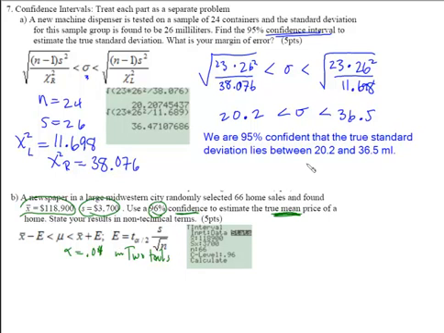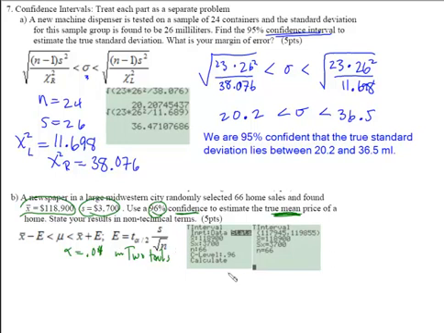I would really like for you to just rewrite this using the appropriate parameter. In this case, the appropriate parameter that we're using is mu.